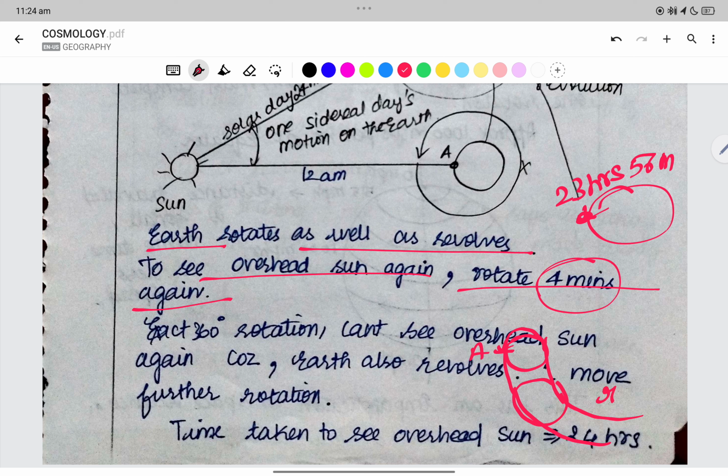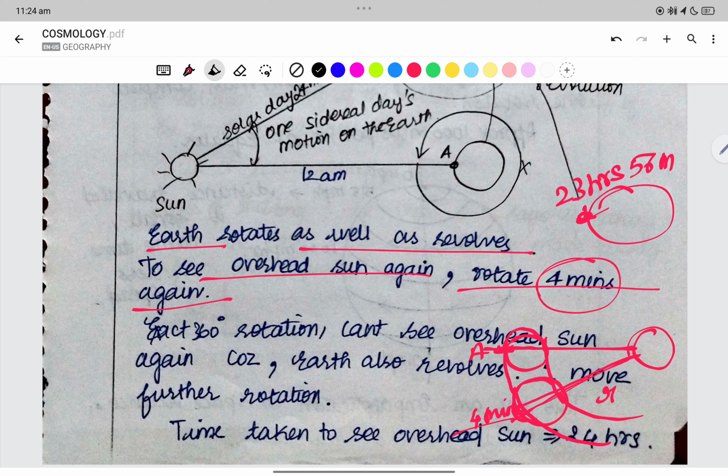So this ball comes to this position, and now the Sun is over here. To reach the same spot, you need to rotate for 4 minutes again. So about 1 degree change is happening, right? This is what we call rotation, the solar day and the sidereal day.